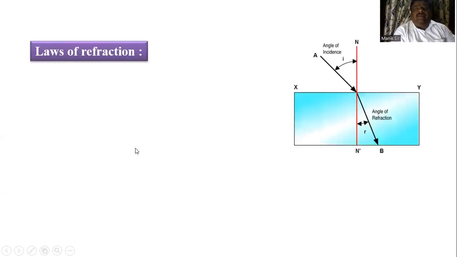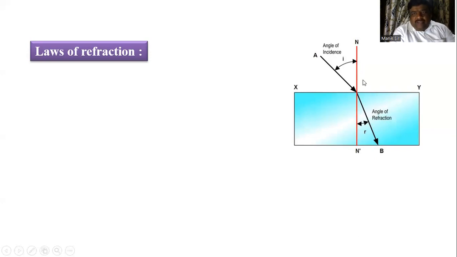If you see this figure, this is a denser medium, say glass, and the ray of light is coming from the rarer medium, say air. This is the incident ray, and the light is passing through the glass, so it has bent towards the normal.